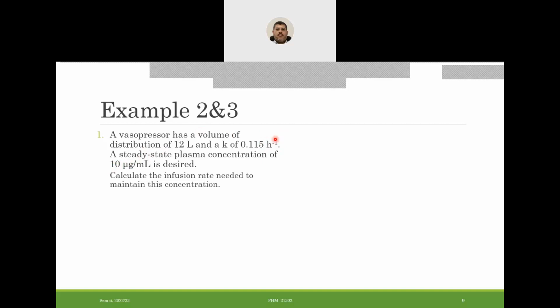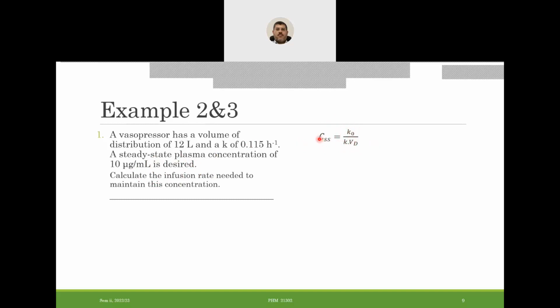Since we are talking about steady state, we want the infusion rate needed to reach a desired steady state concentration, so we have to use the steady state equation. Life is easy. Concentration at steady state in plasma, CPSS, equals infusion rate divided by K times volume of distribution. The unknown is the infusion rate.